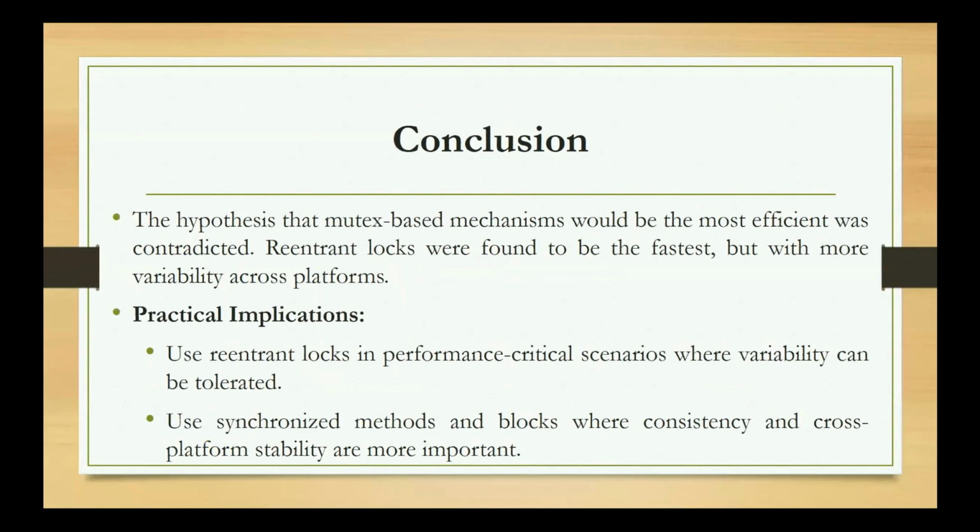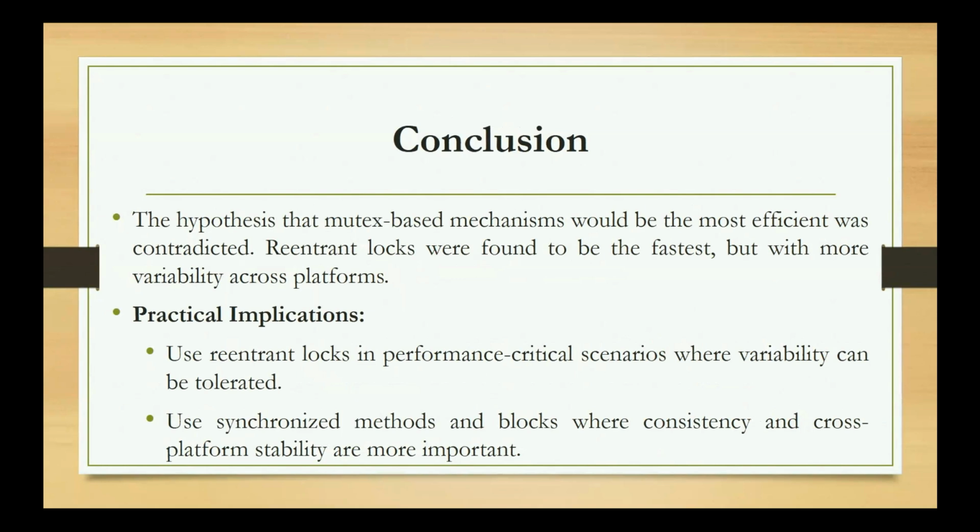So for our conclusion, the findings of our research are important for system designers and developers, particularly when they're choosing the appropriate synchronization mechanisms based on the needs of the applications they are developing and the platforms that they are working on.